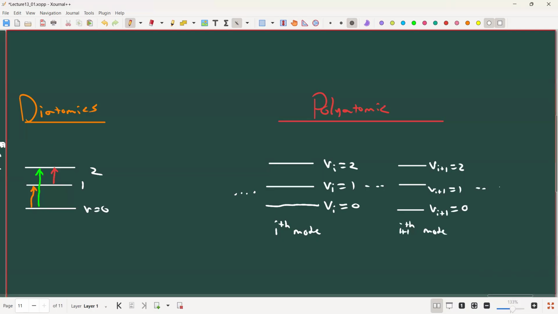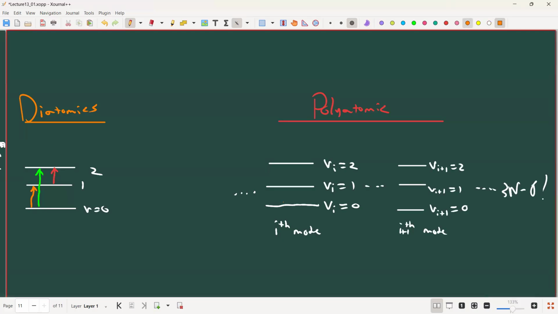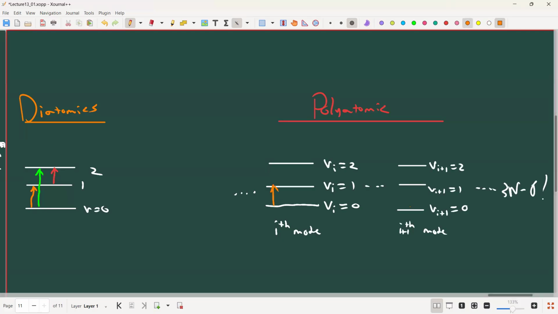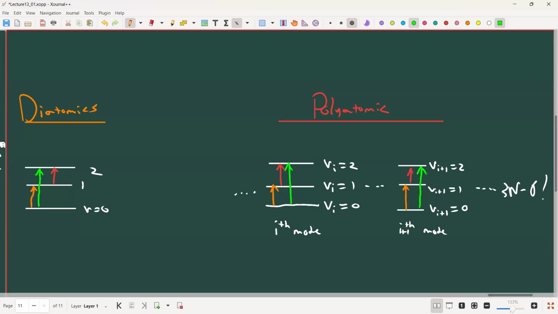Right? And there are 3n minus 6 of them, and each one of them has excitations. I could go fundamental here. Could go fundamental here. I can go overtone. I can go hot band. So I've got 3n minus 6 sets of energy levels that are all independent of each other, and they can all be excited together.